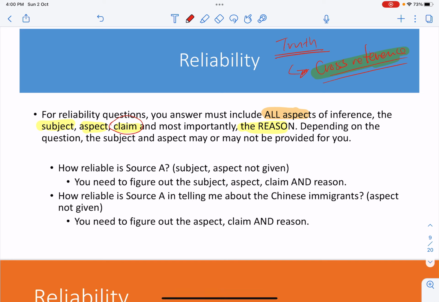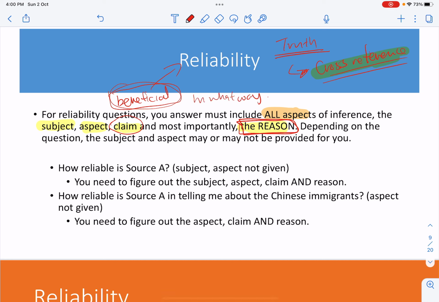It's not enough to claim that, because both sources tell me that something is beneficial, hence it's reliable. No, it's not enough. They must match all the way down to the reason, the actual reason. That means the reason why it's beneficial or in what way it's beneficial.